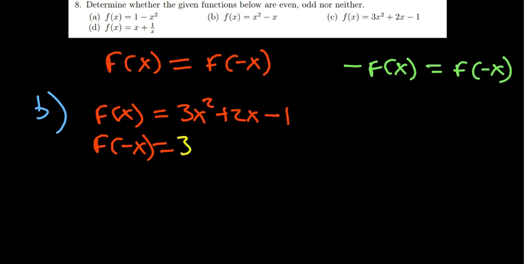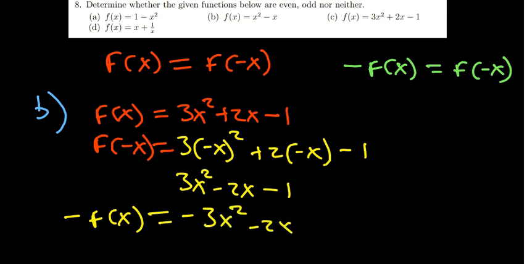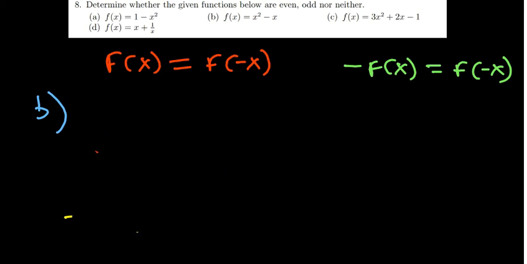So 3 times negative x squared, and then where there's x, we're putting negative x, minus 1. So we are going to have 3x squared minus 2x minus 1. Any agreement? There's no agreement. Negative f of x, multiply the original function by negative, so I have negative 3x squared minus 2x plus 1. So no agreement again. So this function is neither odd nor even.